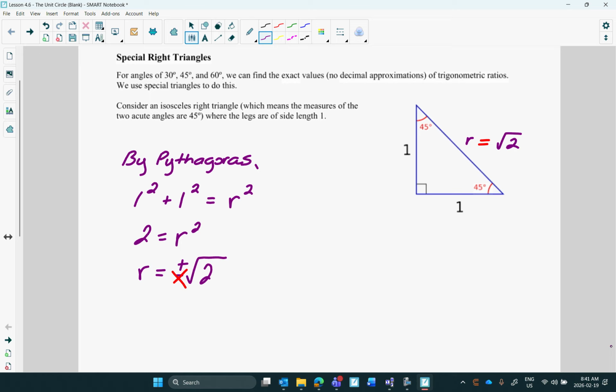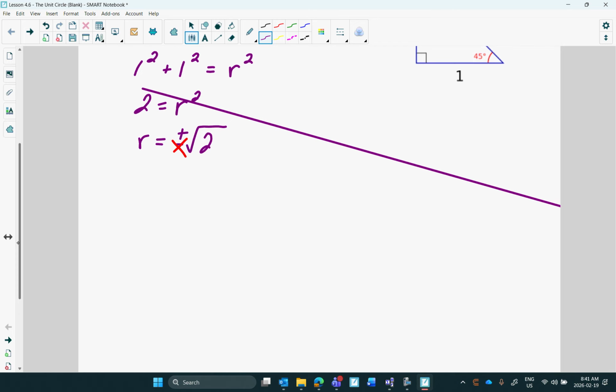Okay? But I don't want root 2. I want 1 here, so I can put it into the unit circle on a coordinate grid. So what I have to do is create a proportional triangle.